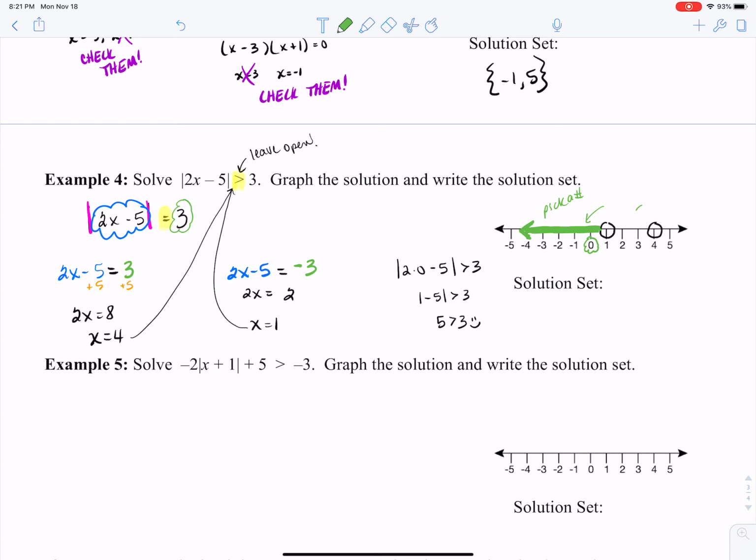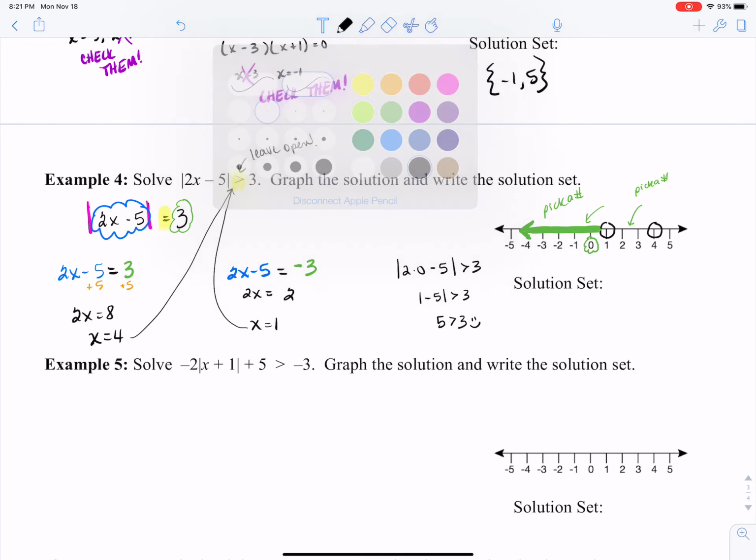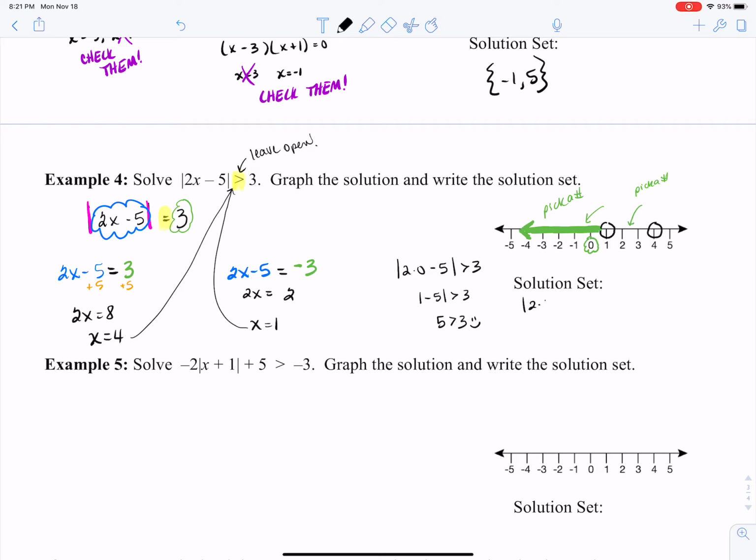All right, pick a number in here. I think I'll pick 2. I'm going to test it and see if it works. And the absolute value of -1, I get +1.